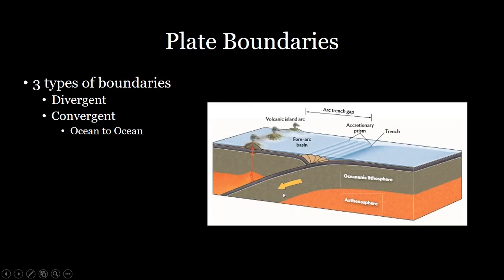Because there's a lot of water that's absorbed by this oceanic plate, water makes rocks melt more easily. And so as that water is released, it melts some of the rock as it goes lower and lower and deeper where it's hotter. And so that magma that develops rises and pokes through the surface and forms a volcanic arc.